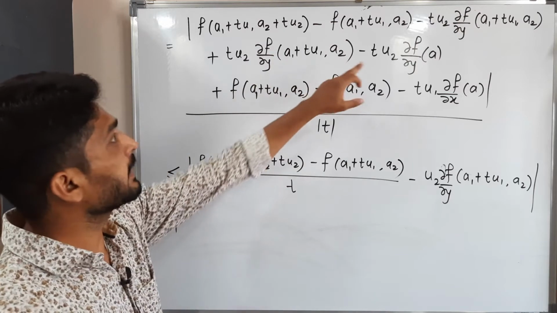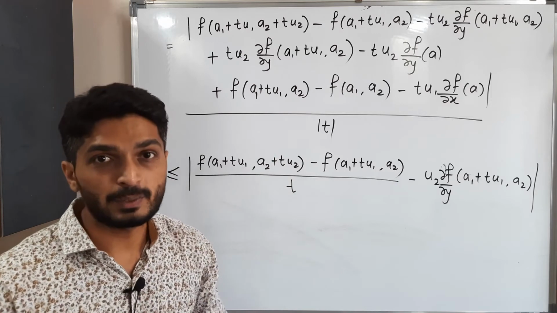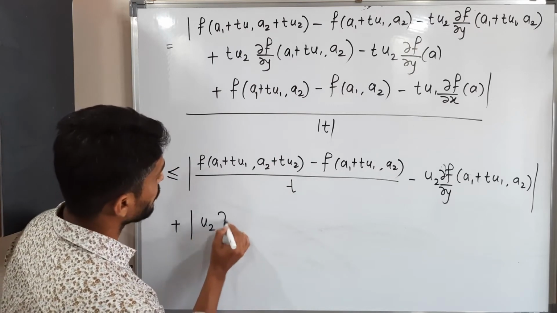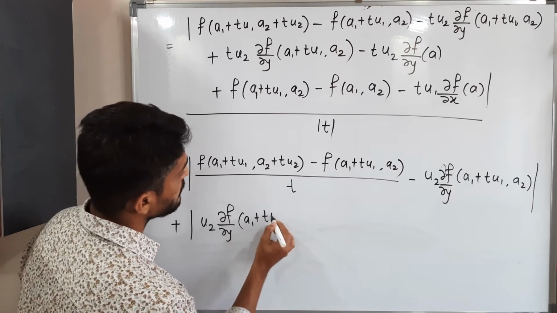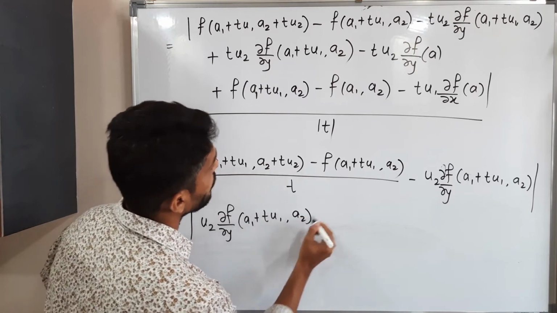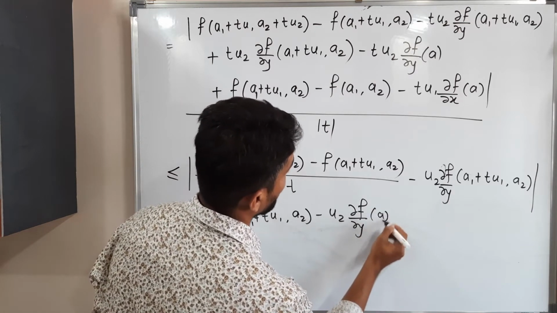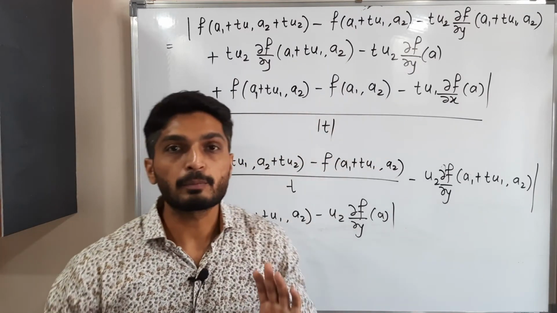If I divide by t, t will get cancelled since both terms have t, and we will have, by taking separate mod, u2 divided by y of (a1 plus tu1, a2) minus u2 divided by y of a.